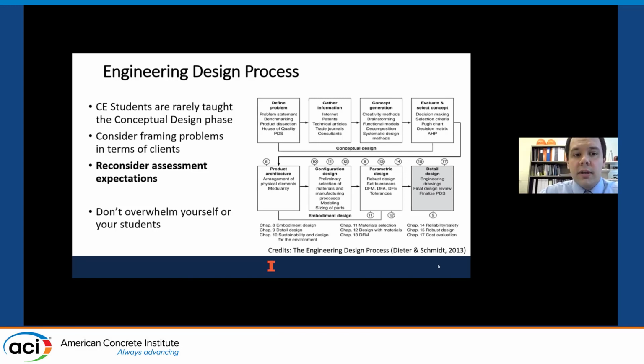Now, the other thing is, with this type of process, because it's ambiguous, because we have a poorly defined problem statement, you need to reconsider your assessments. You cannot say, okay, everybody with a working prototype at the end gets an A, everybody who got close gets a B, and so on and so forth.